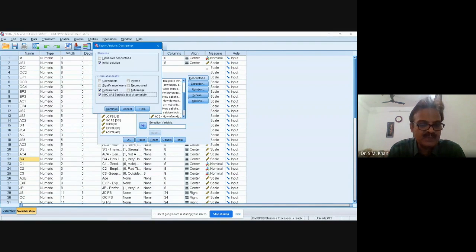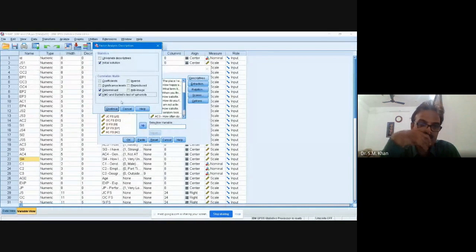Determinant will help you to examine the multicollinearity and singularity, and this will help you to examine the correlation matrix. The assumption is that the correlation matrix is not an identity matrix. Friends, the basis for the factor analysis is correlation.